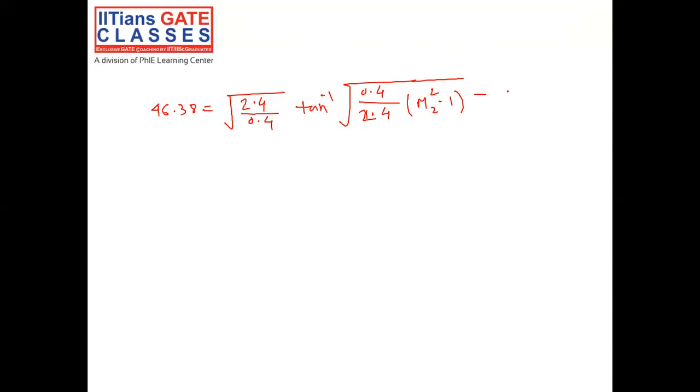It is 46.38 will be equal to 2.4 by 0.4 tan inverse of square root of 0.4 by 2.4 (M2 square minus 1) minus tan inverse of square root of (M2 square minus 1).